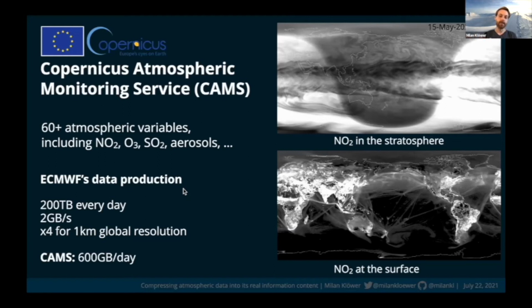CAMS is only a small section of that archive, which produces about 600 gigabytes every day. But we use it to understand how we can compress this data better to reduce the stress on the data archive and therefore facilitate data sharing. It's much easier to download 1 gigabyte instead of 10 gigabytes.